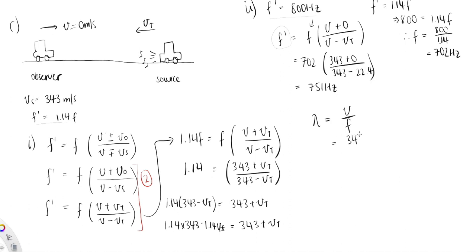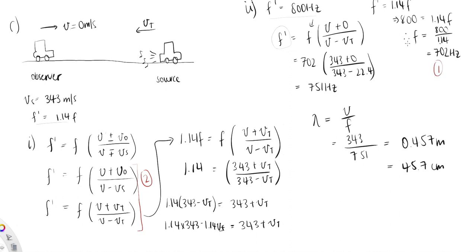And we know what the speed of sound is, 343 divided by our 751 hertz, and we get 0.457 meters, 45.7 centimeters.